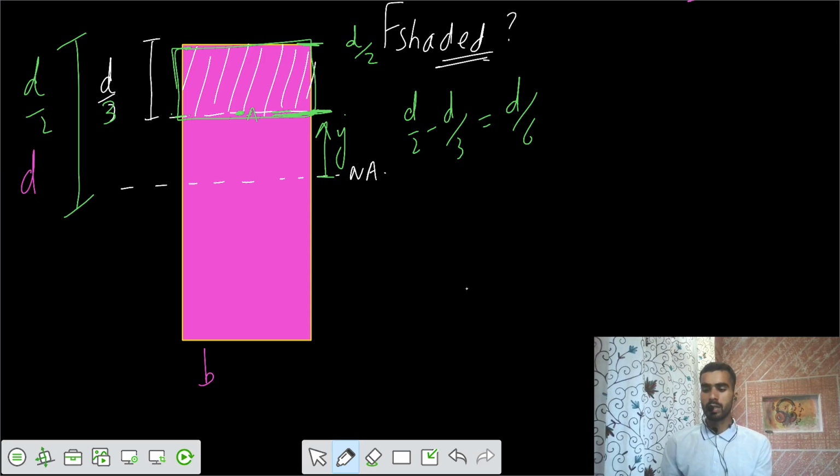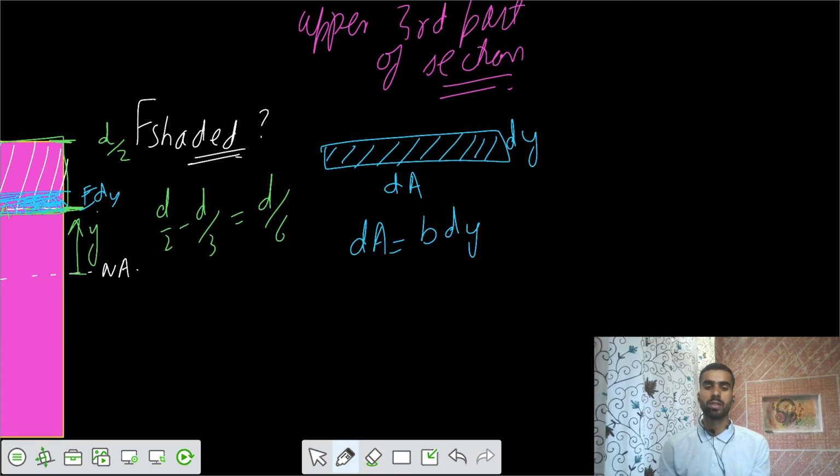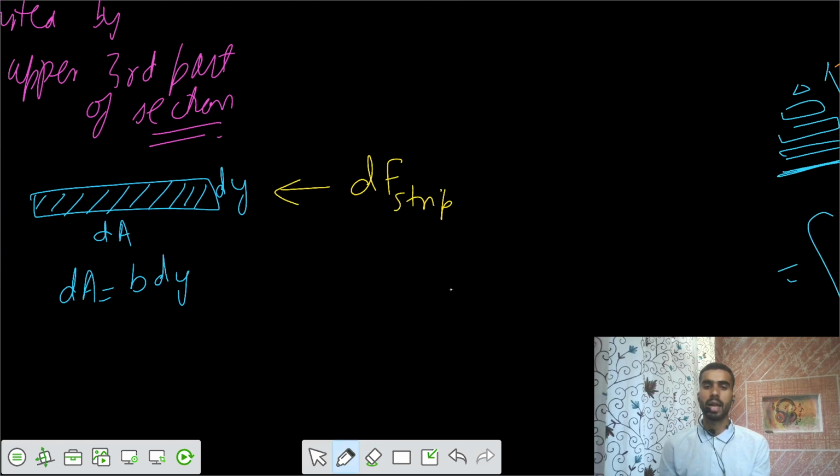You want to find the total force this area resists. If we take one element at a distance of y from the neutral axis, with depth dy, then the small area dA equals b dy, and it will resist some small shear force dF.